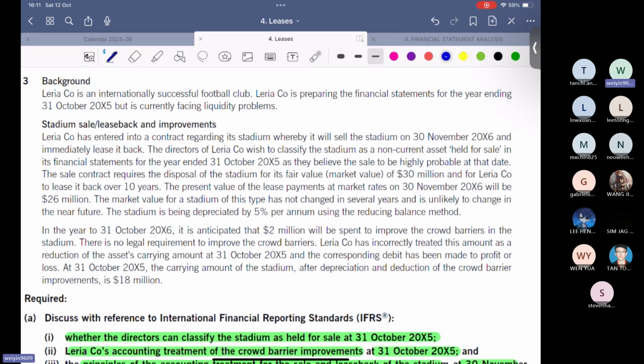Okay, class, to save a little bit of time, let's just go through this question with you. Have you read the question? Do you think this question is difficult to understand, or you cannot get the information from the question?